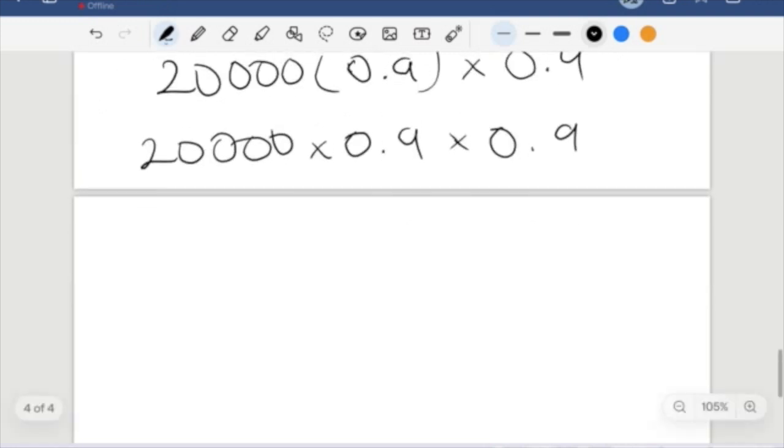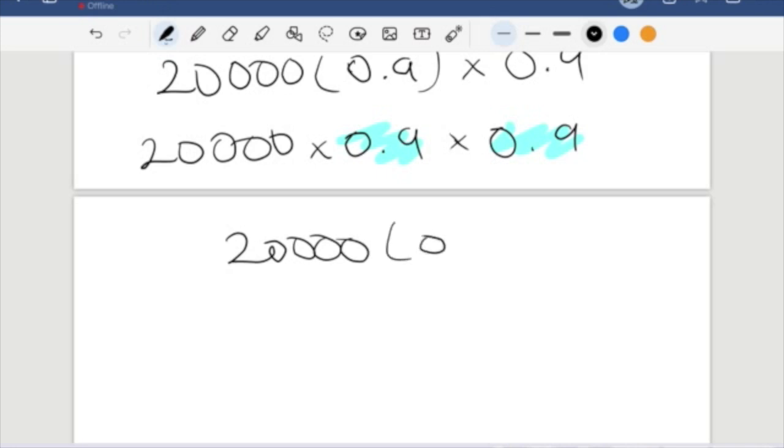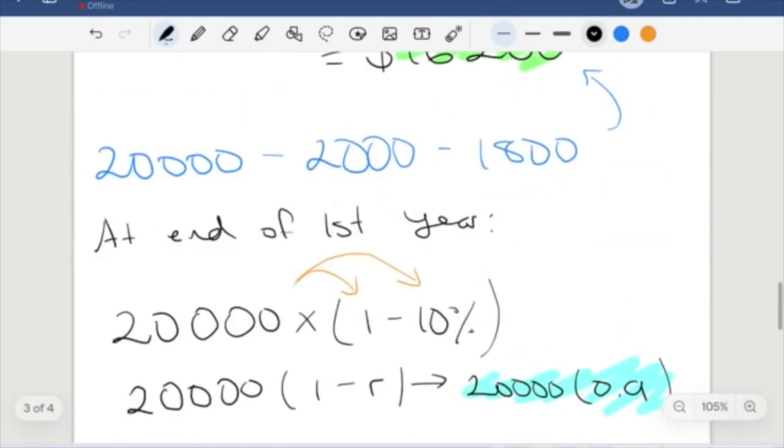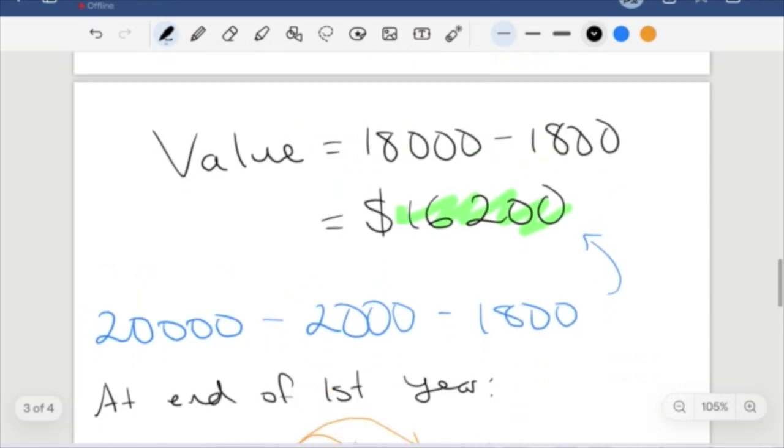If we multiply two of the same numbers together, we can just write this as 20,000 times 0.9 to the power of 2. So for example, at the end of the second year, we had 20,000 times 0.9 squared. If you put that into your calculator, you will get this same price in green that we found earlier.